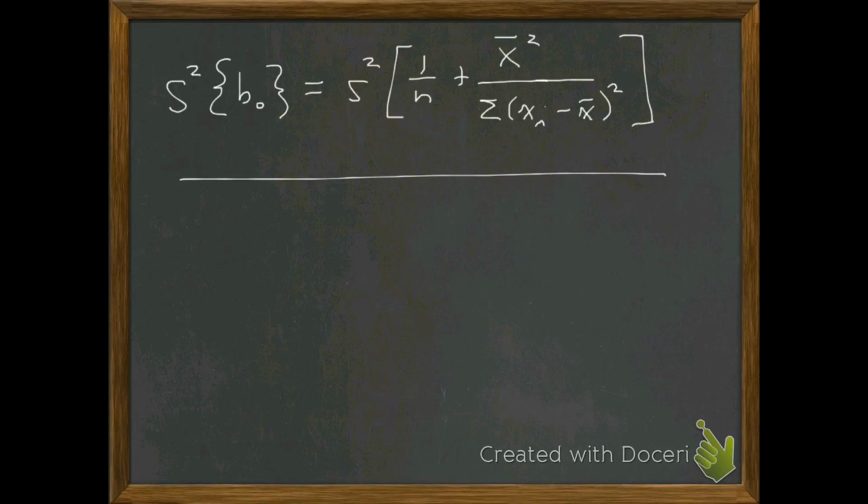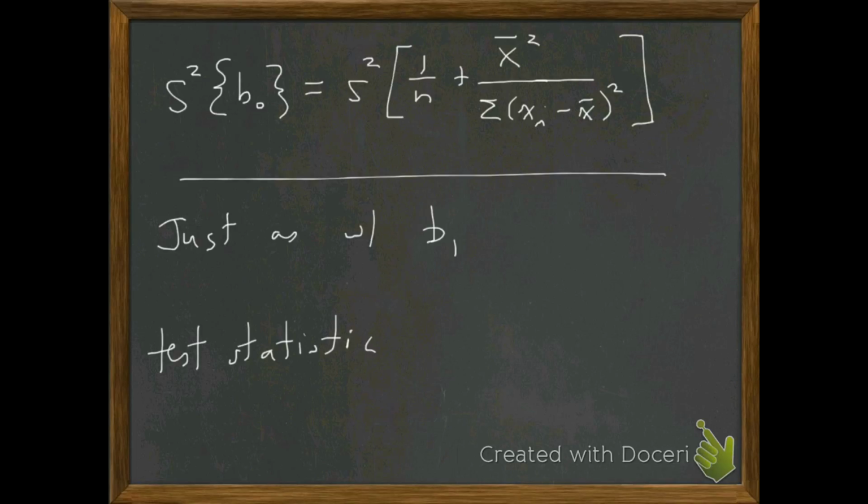All right. Now, just as with beta 1, our test statistic is equal to b0 minus our claim beta 0 over the standard error for b0.